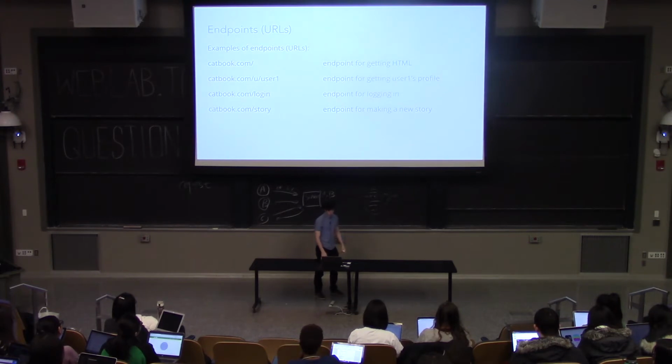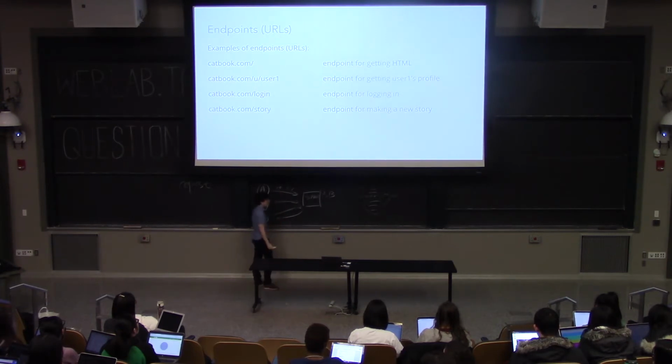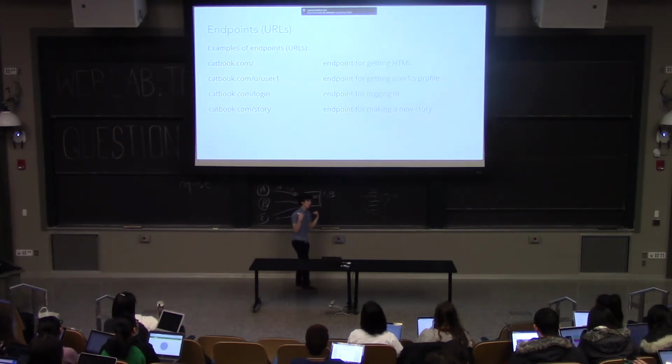Endpoints. So basically, this server, remember how we said we're going to post the story? A server has to expose several things called endpoints. Basically, what that means is that it's saying, if you want to communicate with me, you can send information to this specific address. It makes it so a client knows specifically where to talk to.